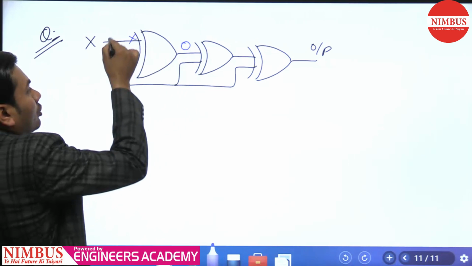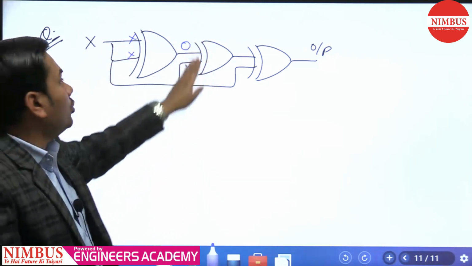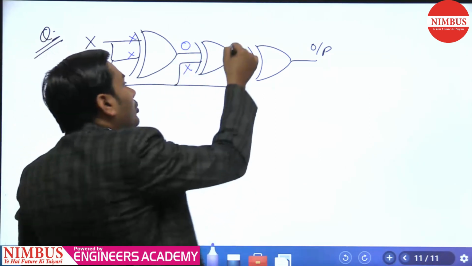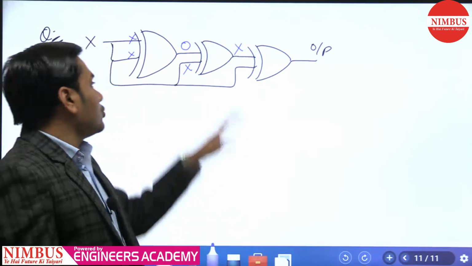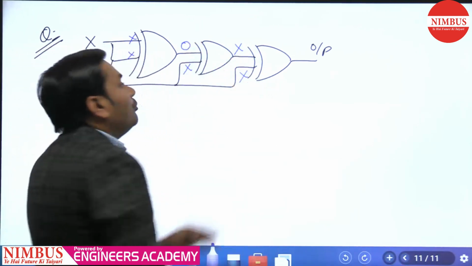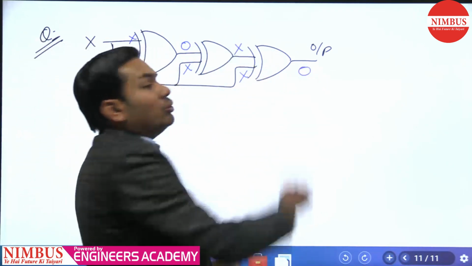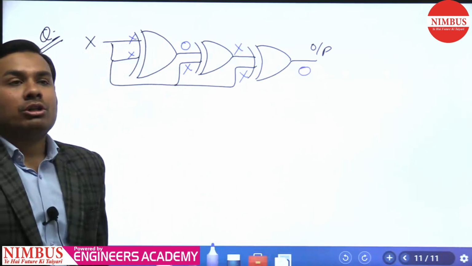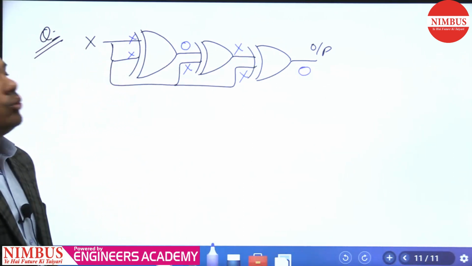From here we are having X XOR 0. X XOR 0 is again X, like A XOR 0 is A. So from here we are having an input at X. For the same input, the output is at logic 0. Clear?